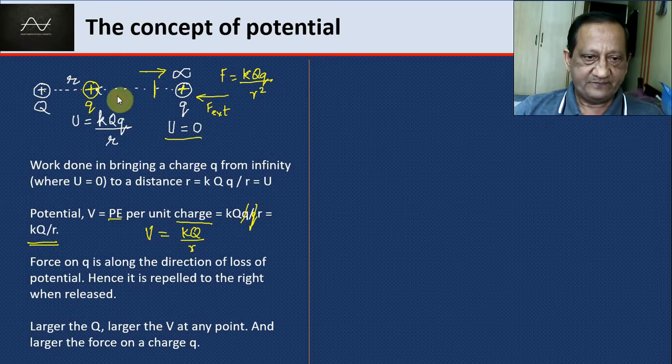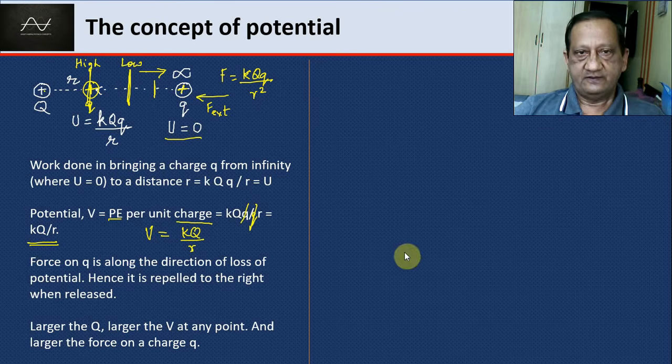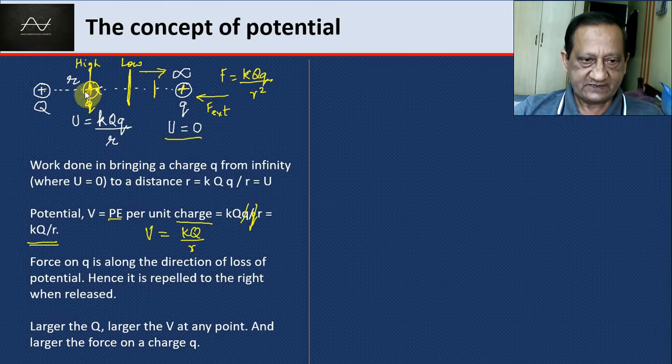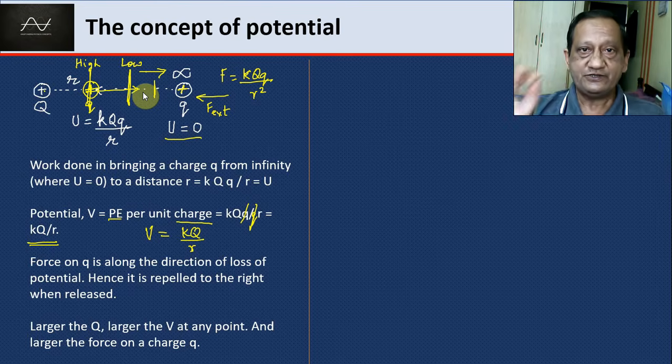So if I compare this point versus this point, this is at a higher potential than this one. If I place a charge at the high potential point, it will get repelled, right? The force is there, but we are not talking about the force. We are trying to talk in terms of potential. So it moves spontaneously from this place to this place. It spontaneously moves from high potential to low potential.